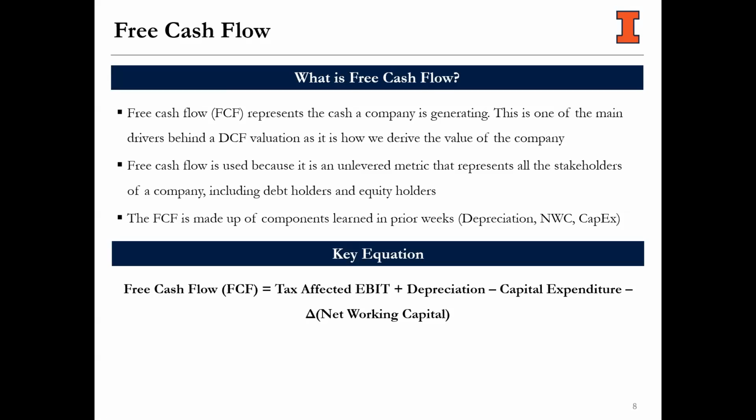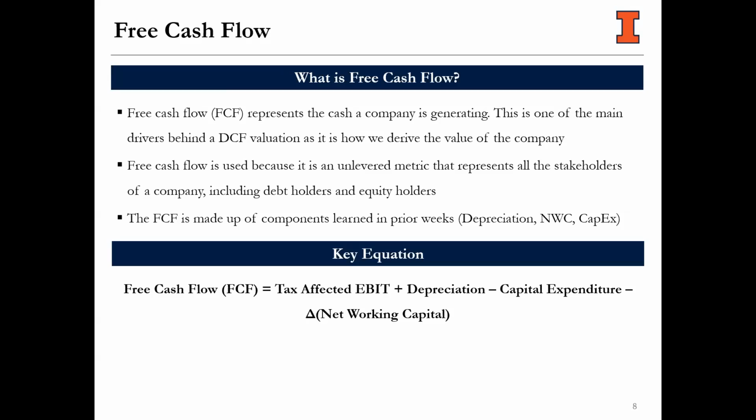So it's not important to go all the way down to net income, but instead we'll go into tax effective EBIT. Free cash flow is often used as a great metric because it is representative of all stakeholders of the business. It includes debt holders and equity holders, whereas if you went all the way down to net income when calculating free cash flow, you would be removing those debt holders. And by removing a stakeholder, you need to make certain assumptions to adjust for this.